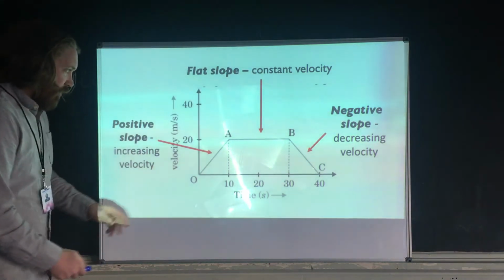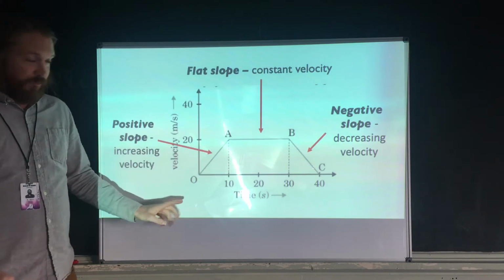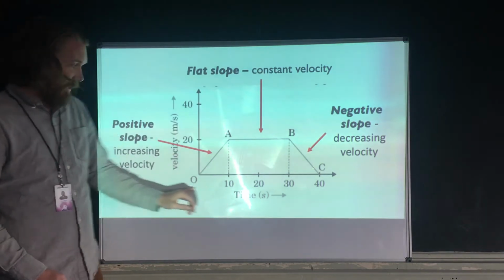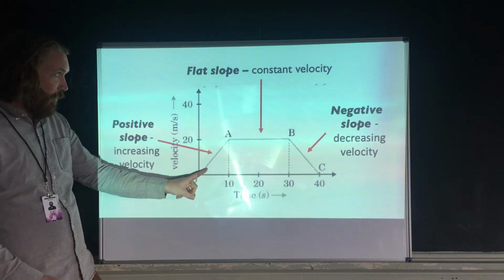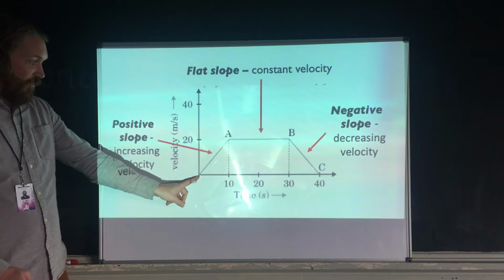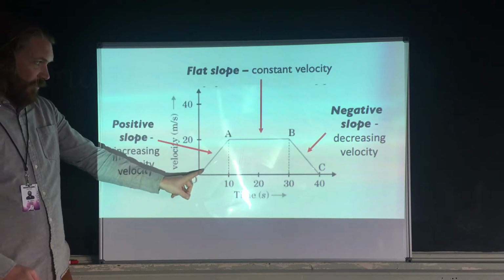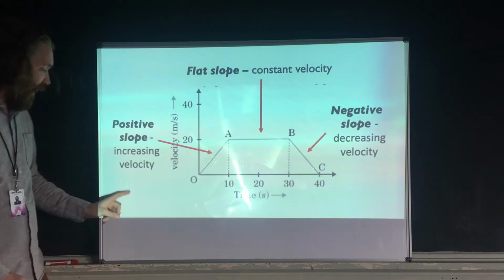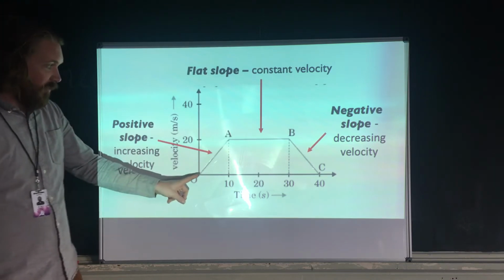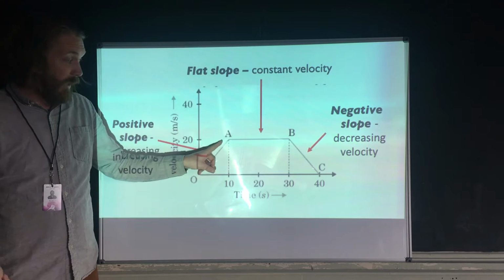So here, on a velocity versus time graph, here we have velocity, again, on the y-axis, time on the x. So if the line is going up, if we have a positive slope, what that means is our velocity is going from 0 up to 20. We have what is called an increasing velocity, okay? Our velocity, we're speeding up, okay?